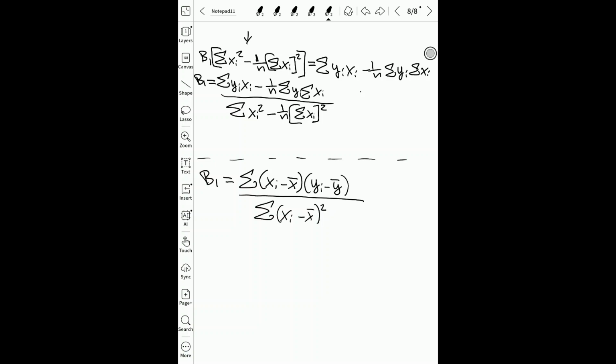And sometimes this is written as s xy over s xx, which is the sample variance of xy over the sample variance of x.